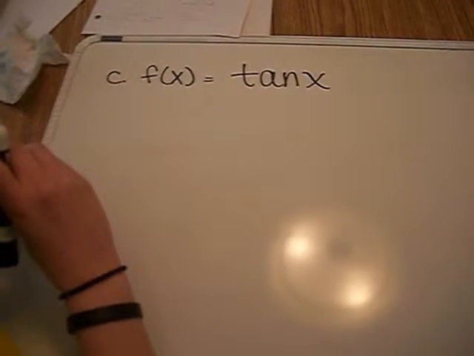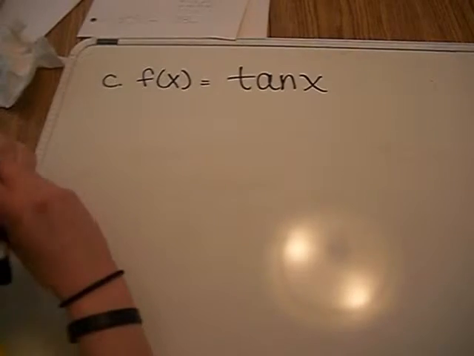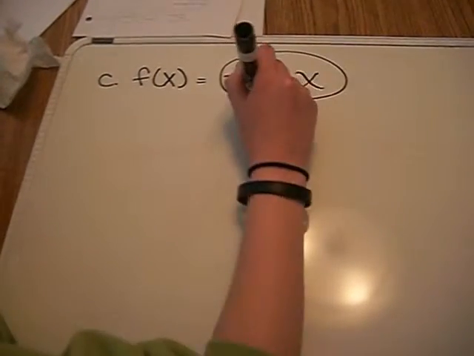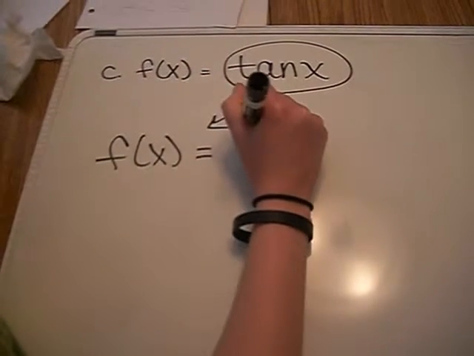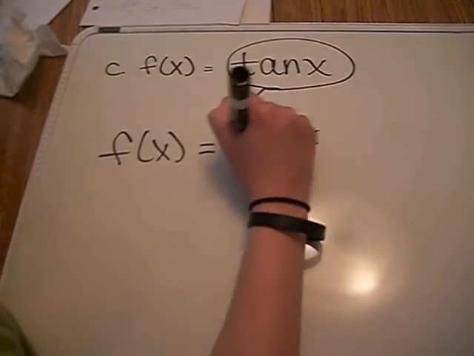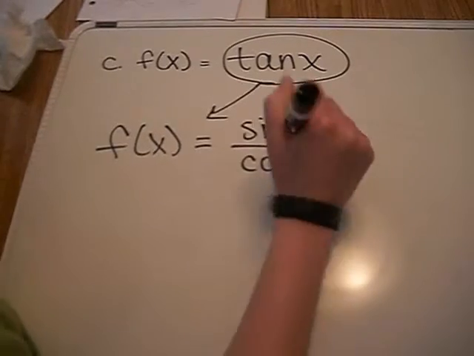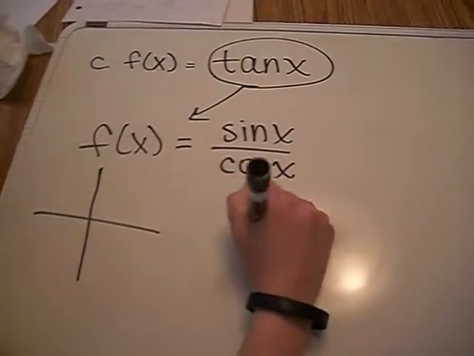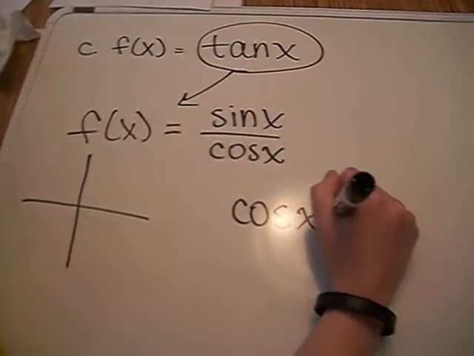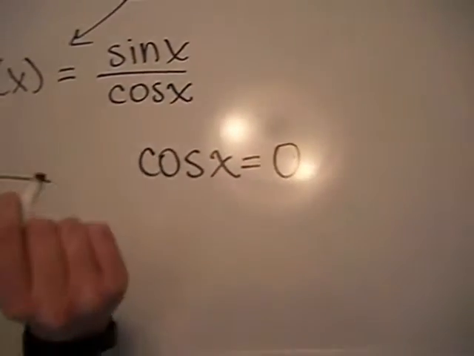So, tangent of x, you might think, what the heck, but let's think about tangent of x a different way. This is the same thing as saying f of x is equal to the sine of x over the cosine of x. Now remember, we can never have the denominator equaling 0. So therefore, we have to find a place where cosine of x is equal to 0.